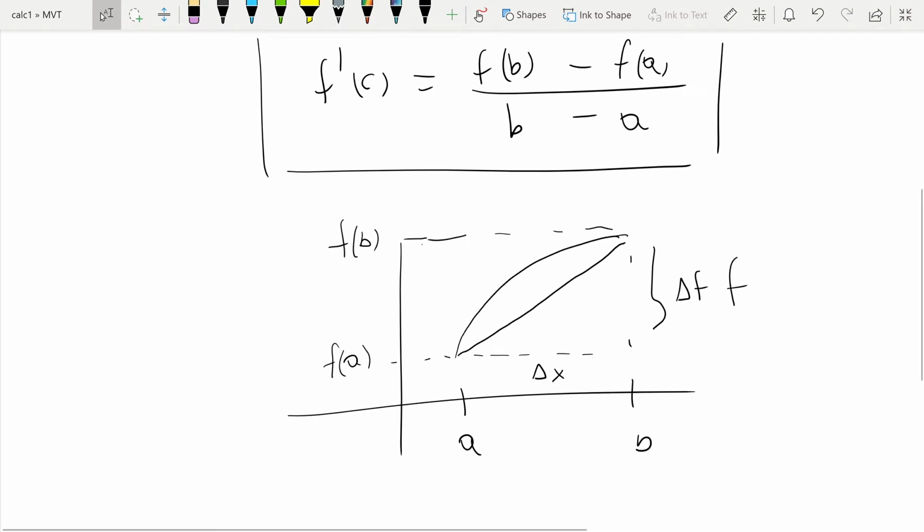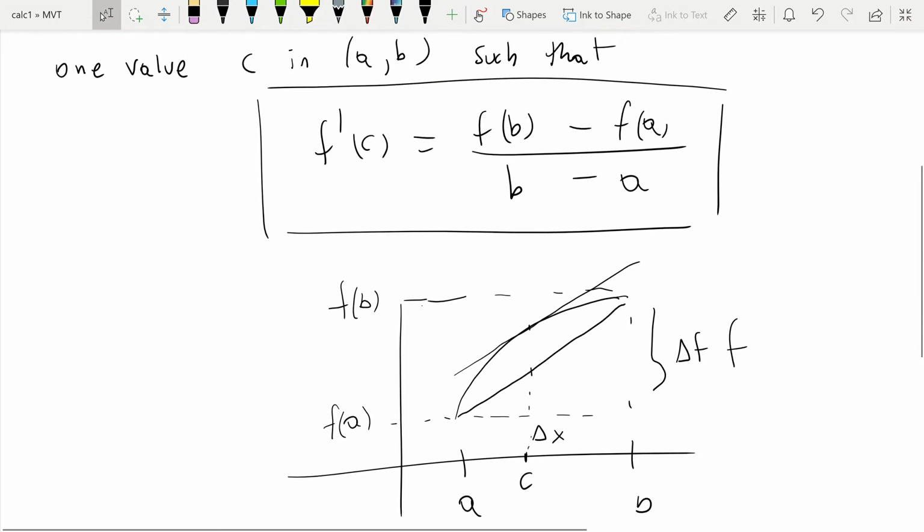Then that's going to be equal to the derivative at some point in between. So there's going to be a parallel line here with the same slope as the secant, and that's a tangent line at some point between a and b, and that's the point c in question.